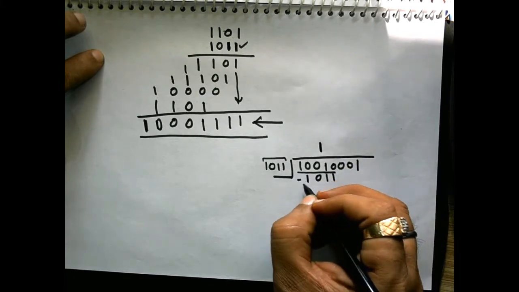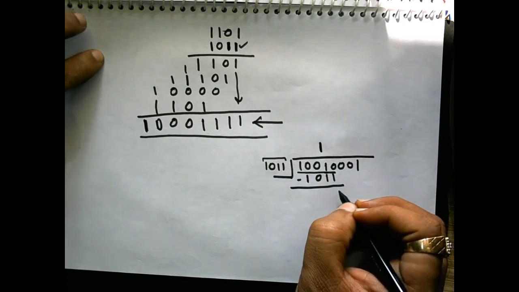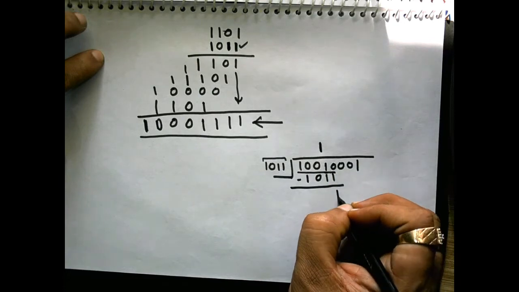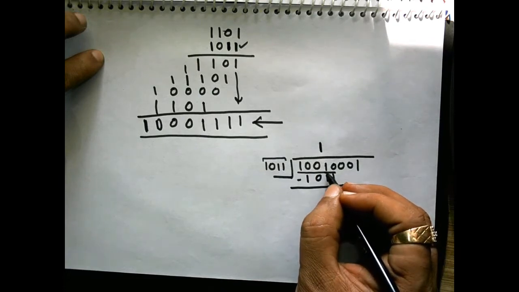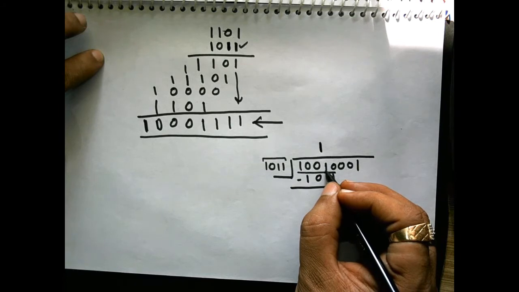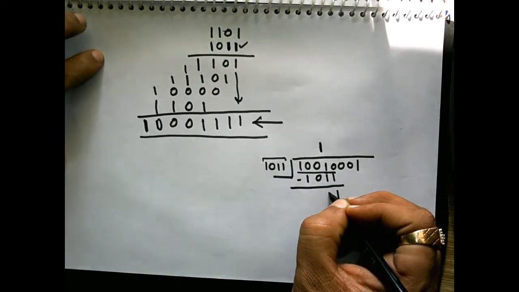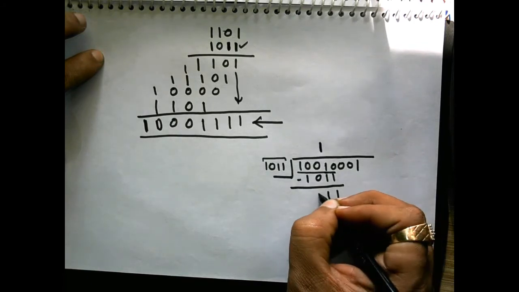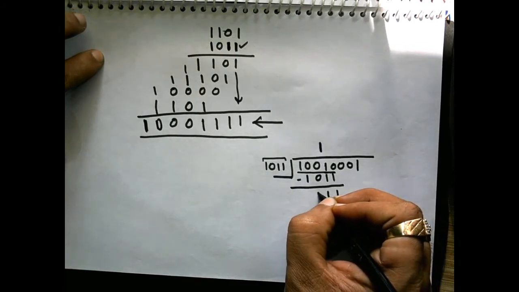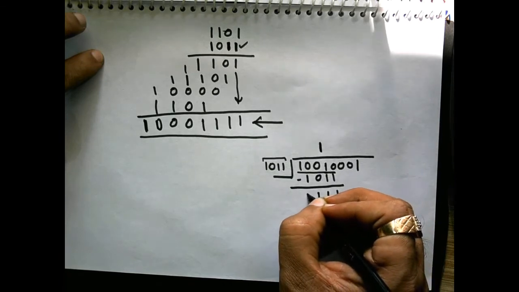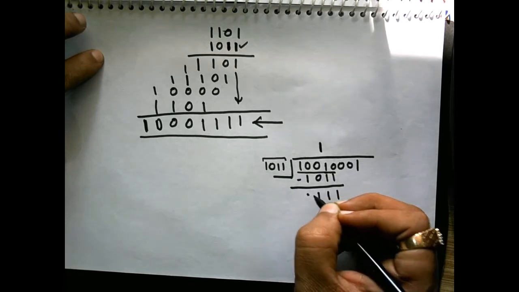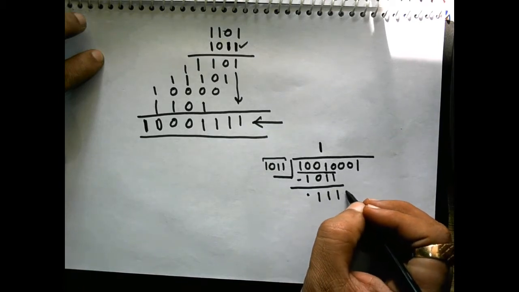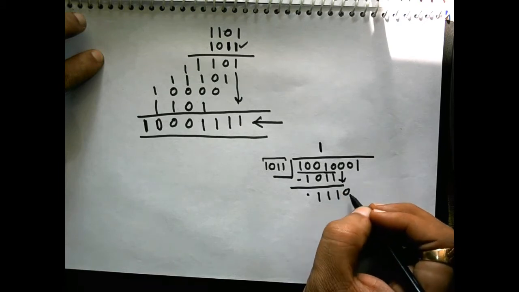1011 has to be subtracted from this, and naturally if you perform the subtraction it will be 1 and this is 0, okay, and this will become 1, this is 1, and this is 0. Well, these are the 3 ones that we can obtain from here, and 0 is copied over here.